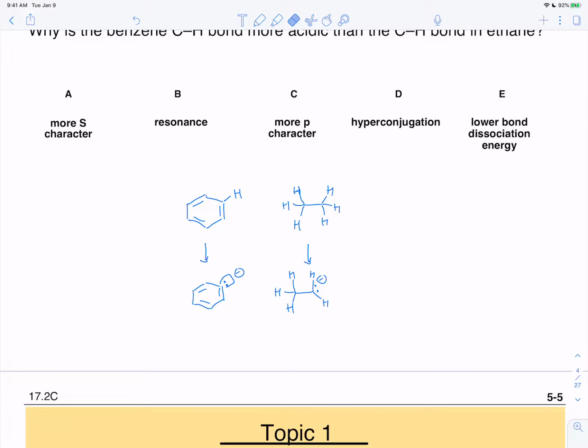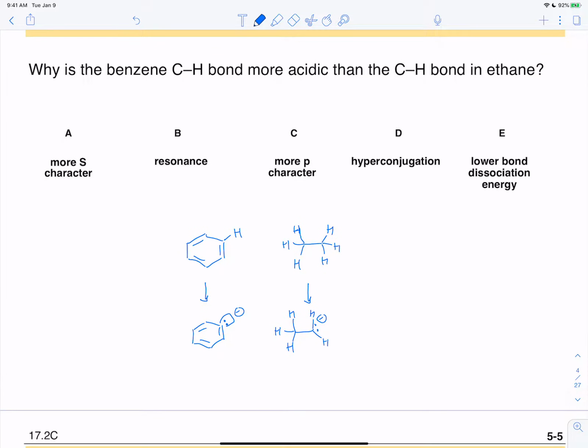And a key thing to note is that resonance is not part of the reason why a benzene carbon-hydrogen bond is more acidic than a CH bond in ethane. This really comes down to it having more s character. So this anion is located on an sp2 hybridized carbon, whereas ethane would be sp3.